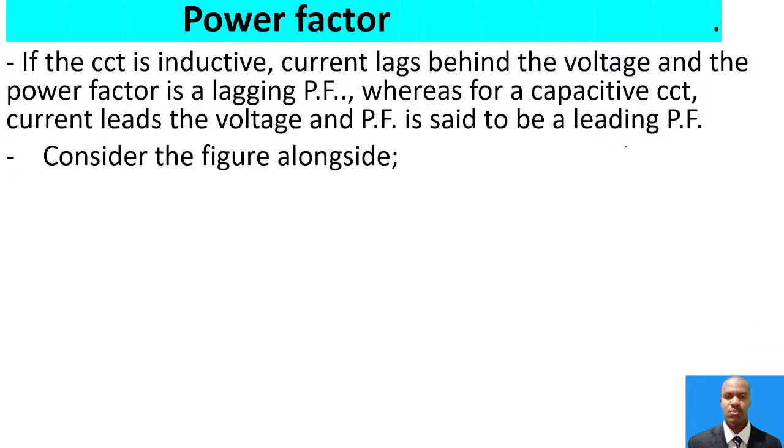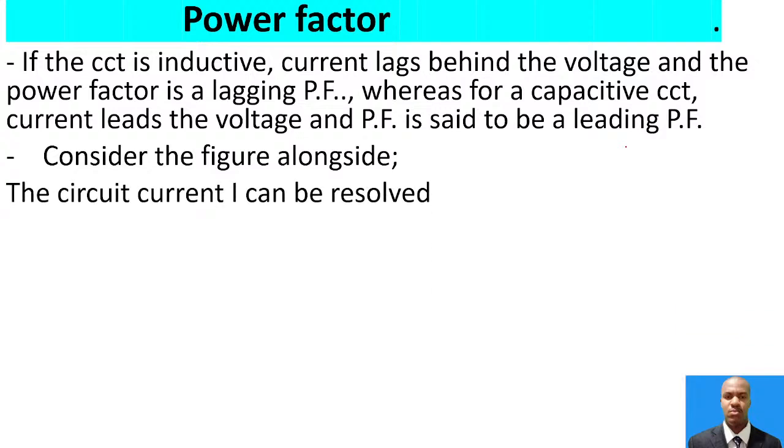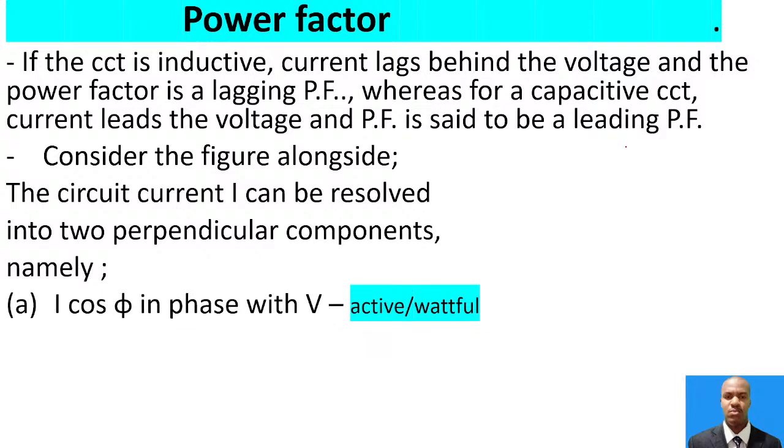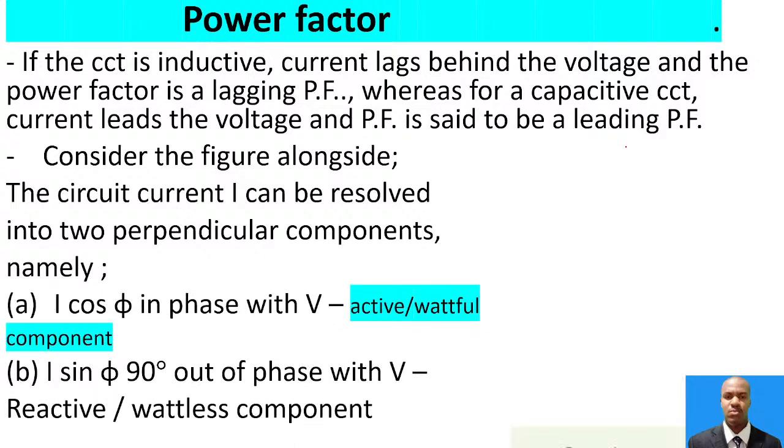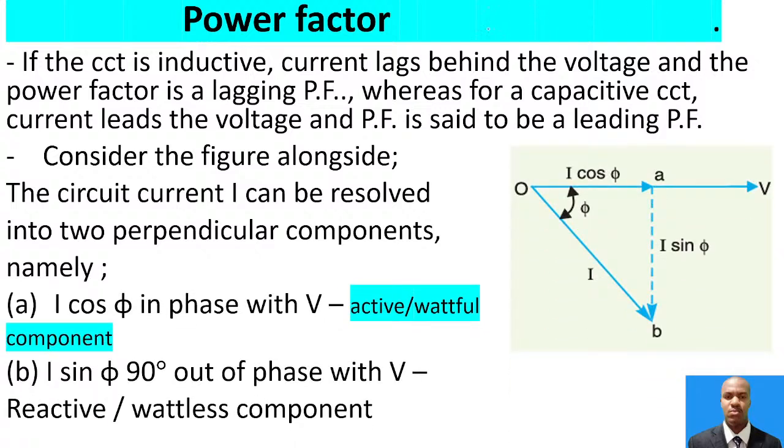So consider the figure alongside. From this figure, we can see we have I cos phi, and we have the angle between, we have current, then we have current multiplied by sine of phi.